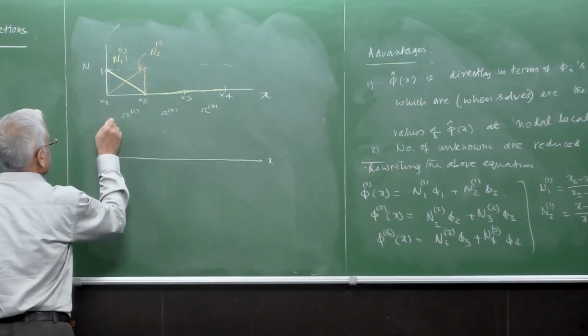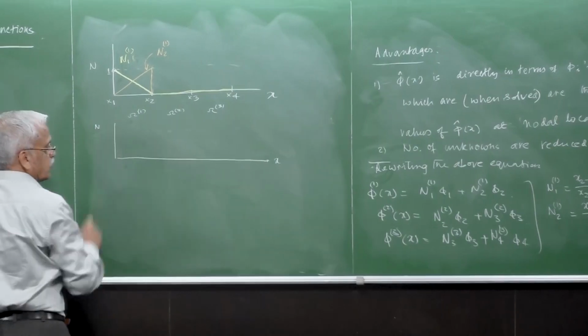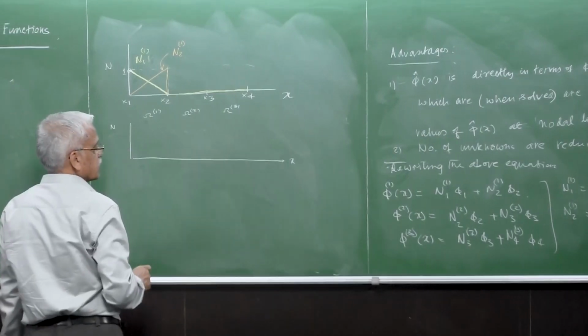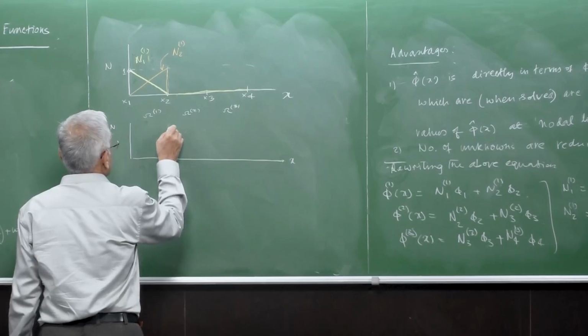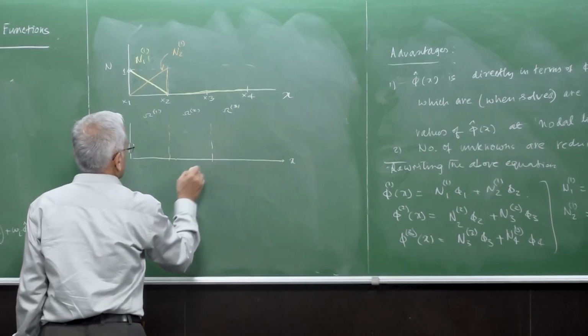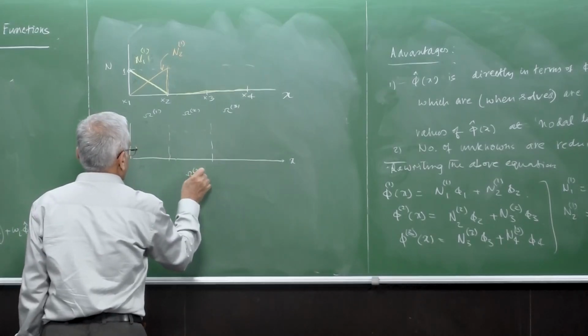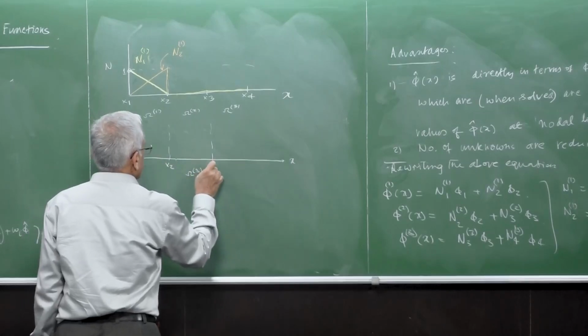So if you look at the domain 2, this is the domain 2, x2 to x3.